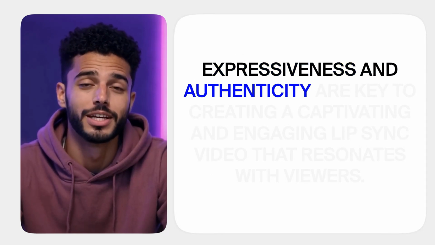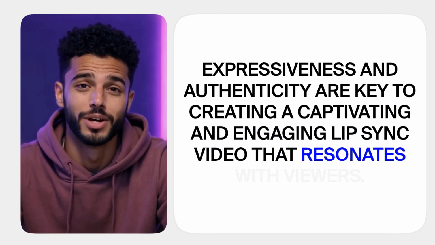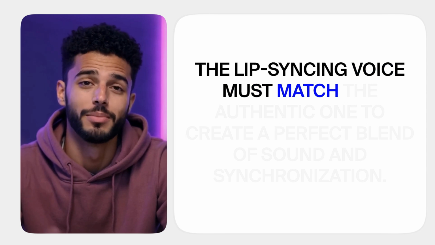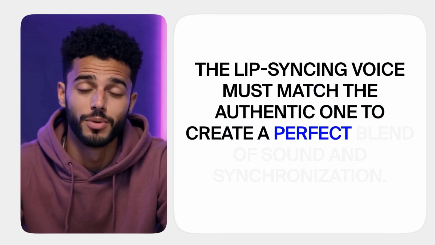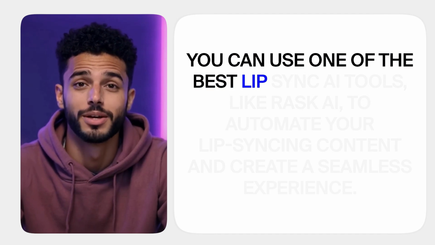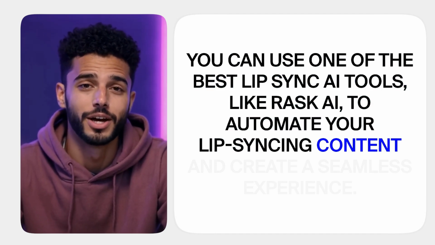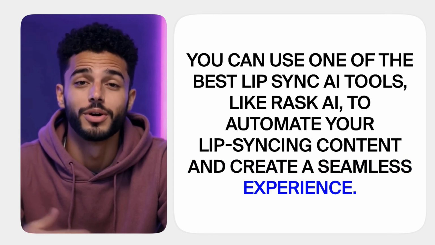Expressiveness and authenticity are key to creating a captivating and engaging lip sync video that resonates with viewers. Voice match. The lip syncing voice must match the authentic one to create a perfect blend of sound and synchronization. You can use one of the best lip sync AI tools, like Rask AI, to automate your lip syncing content and create a seamless experience.